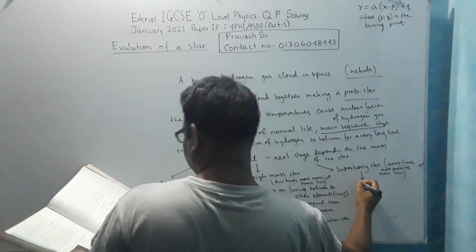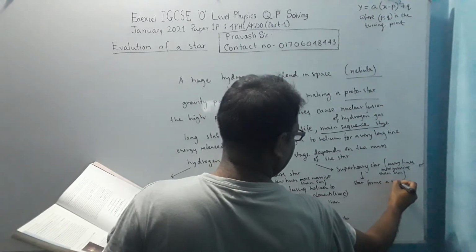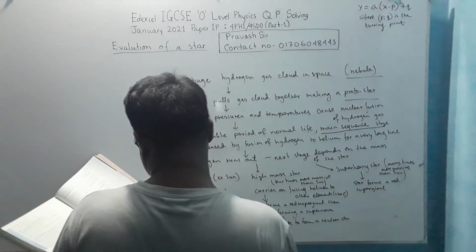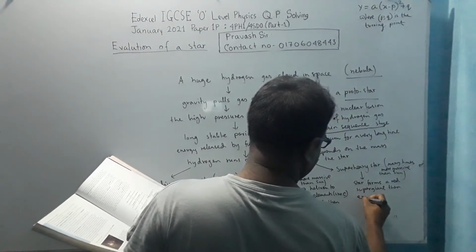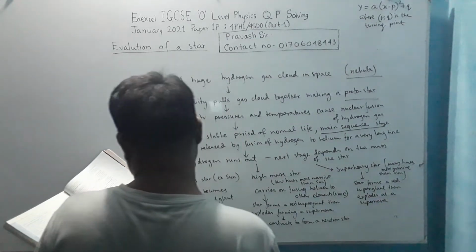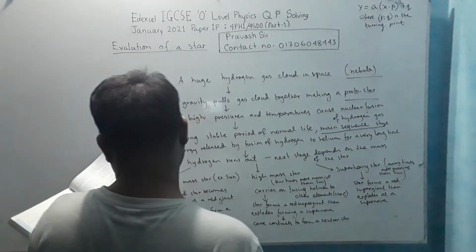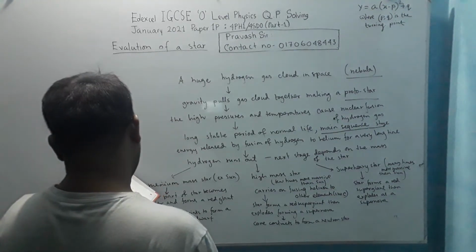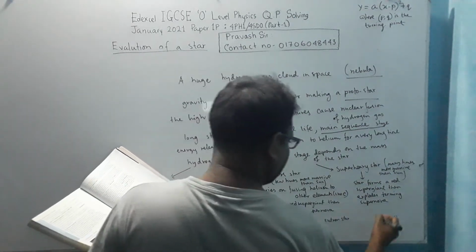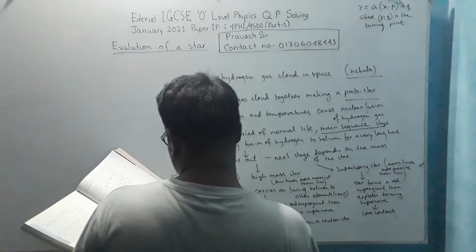This star forms a red supergiant, then explodes as a supernova, and the core of the supernova contracts to form a black hole.